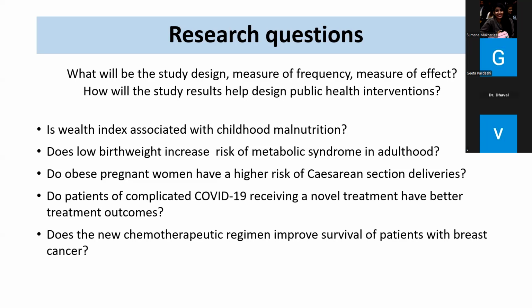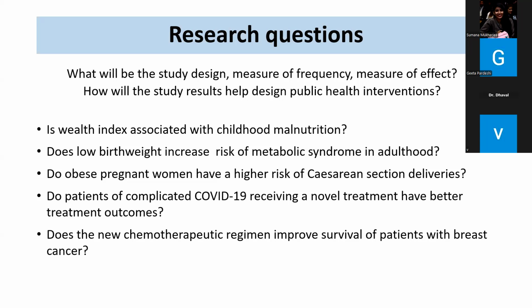So this is an example of time to event, right? Because I'm talking about survival. So what I'm interested in here is whether the period of survival increases in the new chemotherapeutic regimen compared to the standard treatment, whether the people are surviving longer. So here, my study design, very rightly said, is an intervention study, but my outcome is time to event.